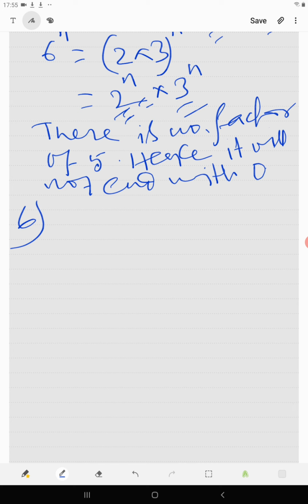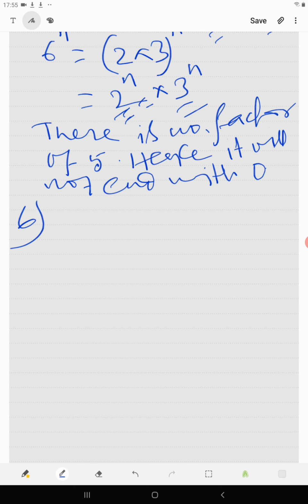Question 6 says, explain why 7 into 11 into 13 plus 13, and 7 into 6 into 5 into 4 into 3 into 2 plus 5, are composite numbers.